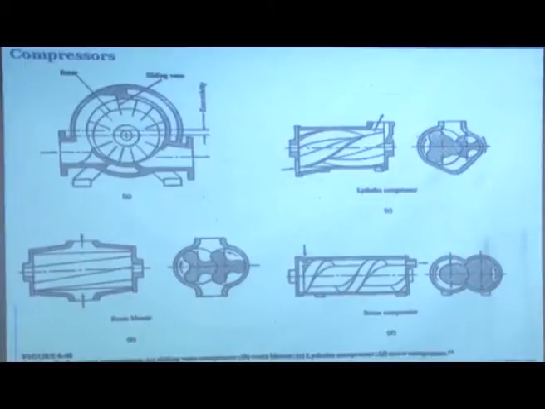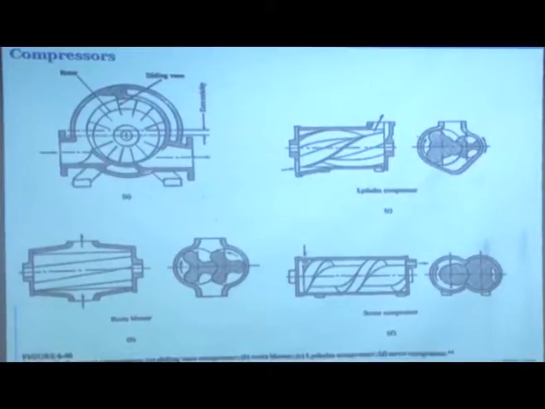Now, I told you there could be many different designs. It is not necessary that I only use a centrifugal compressor. Historically, people have developed all kinds of compressor designs for turbocharging applications. For example, this is an eccentric with sliding vanes, so this is a sliding vane type compressor.